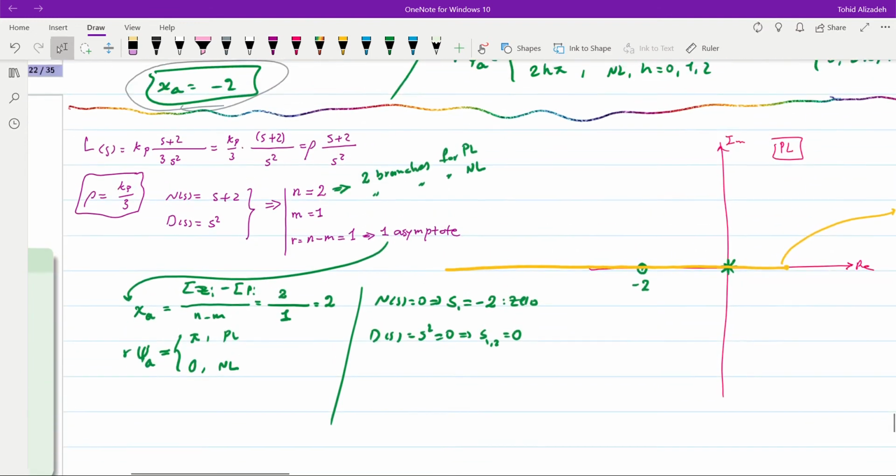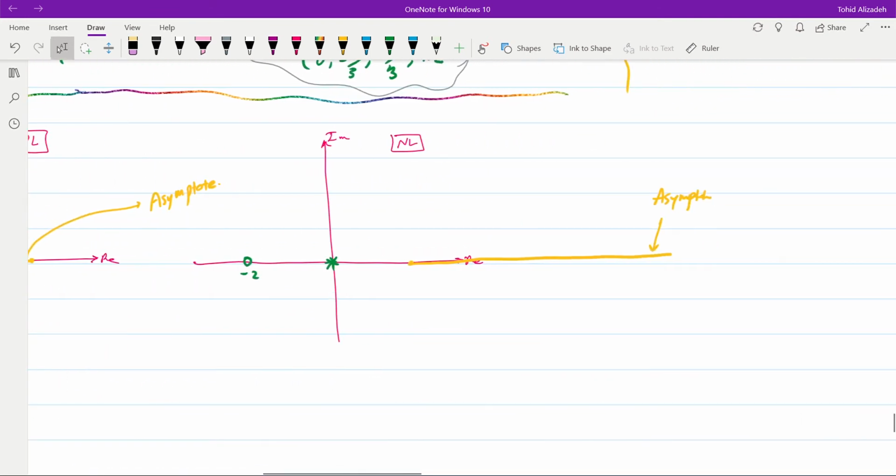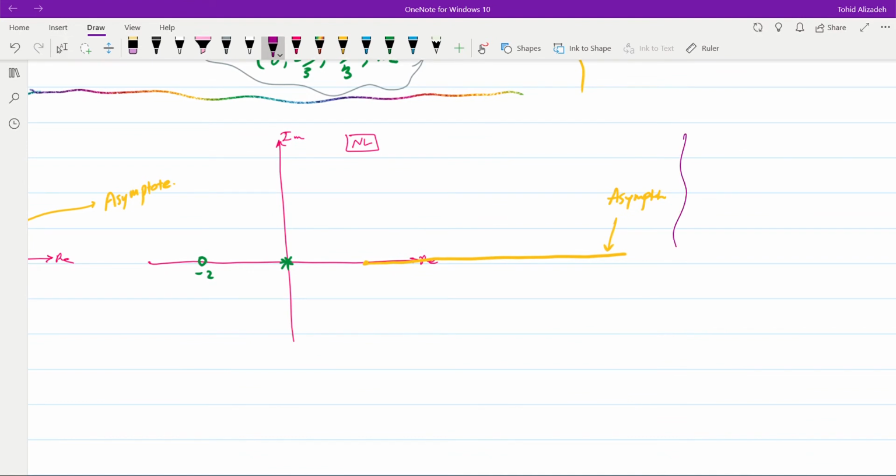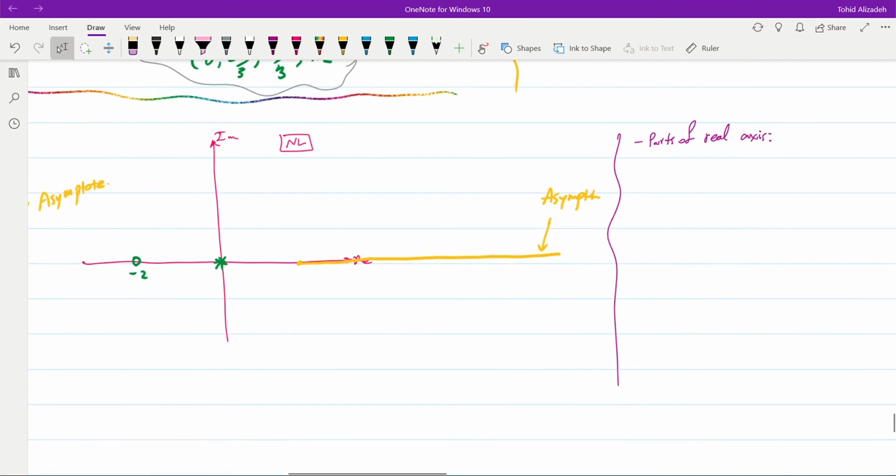We can now have a look at the parts of the real axis that belong to the root locus. We can divide the whole real axis into three segments: from minus infinity till minus 2, from minus 2 till 0, and from 0 till plus infinity.